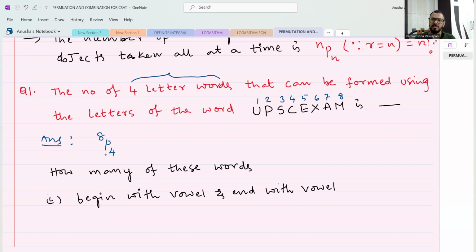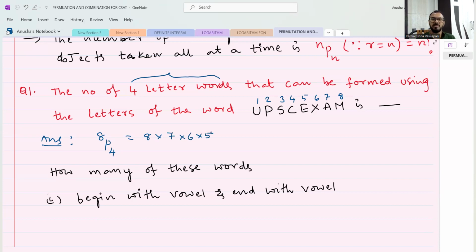The number of permutations of n dissimilar objects taken r at a time is nPr. Similarly, the number of permutations of 8 different letters taken 4 at a time is 8P4. So we can calculate this value: 8 into 7 into 6 into 5.